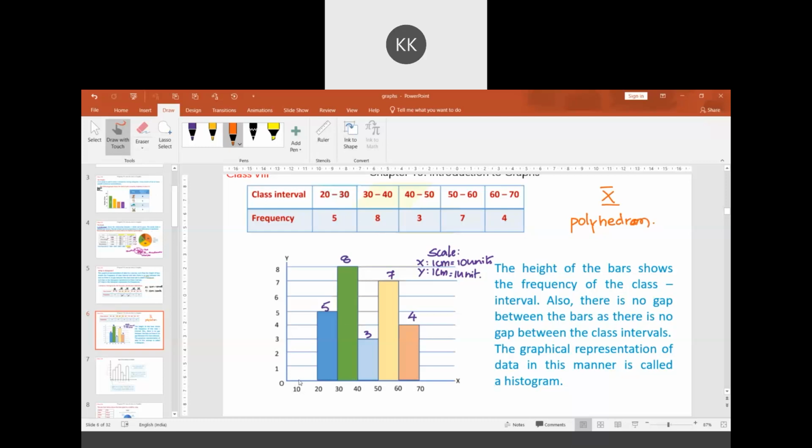When we join all the midpoints of these class intervals, we get a frequency polygon. It is also called a frequency polygon, which is a better name.